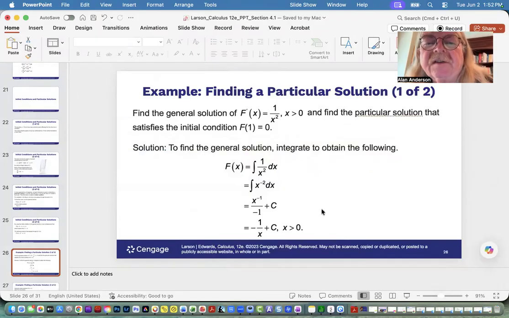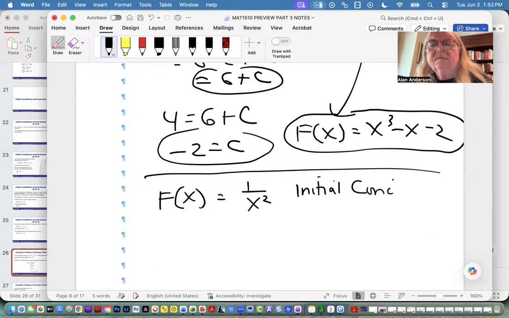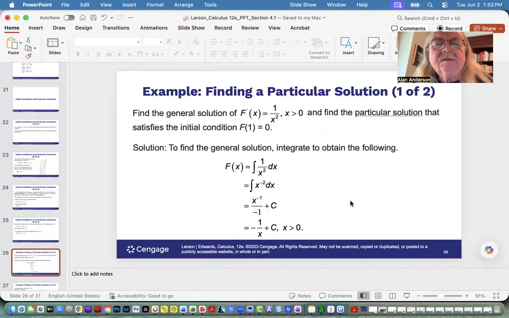Now, of course, we disallow for x to be equal to 0. The initial condition, as it's called, f of 1 equals 0. Okay.